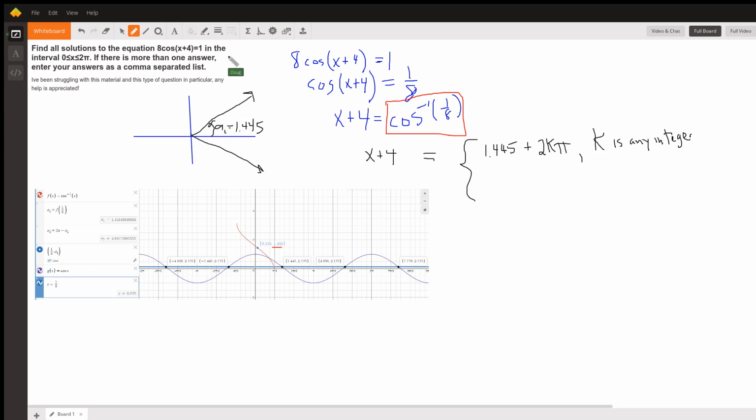If I rotate from, let me put this in red, if I rotate from here all the way to here, where this angle is also a sub 1, this 2 pi minus a sub 1 is another angle with a terminal side that has a cosine of 1/8, and that's this 4.835. 2 pi take away a sub 1, 4.838 rounded off, plus 2k pi, k any integer.